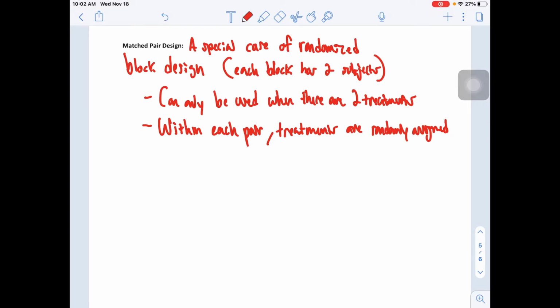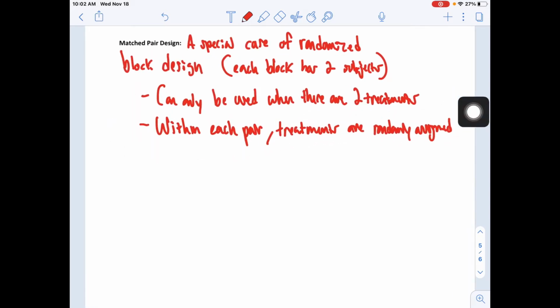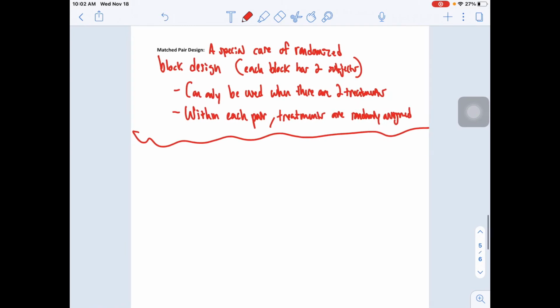In each of those pairs, I would give one subject treatment A, and I would give the second subject treatment B. And that would just go on following that same pattern with the remaining pairs. Depending on the experiment and what variables we're looking at, it may be more beneficial to create a matched pair design. But for now, we'll leave matched pair design at that.